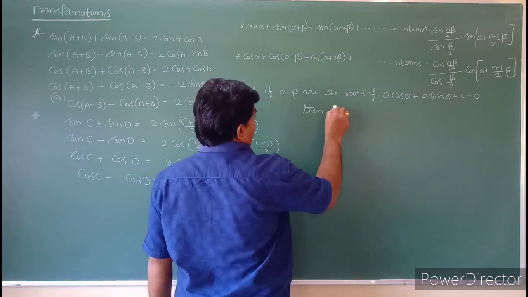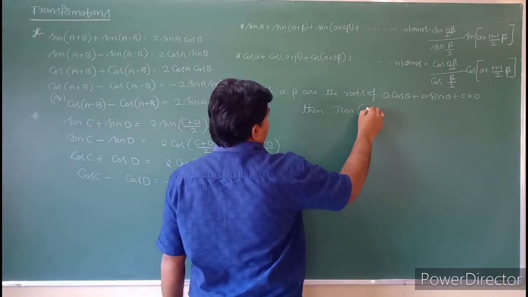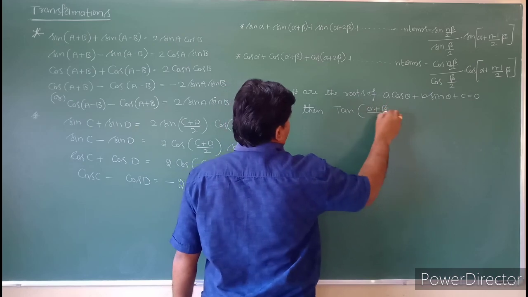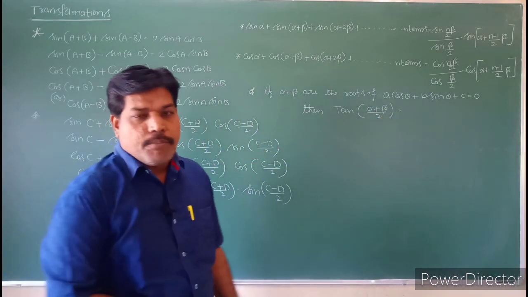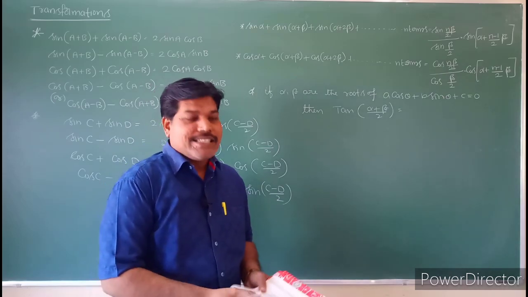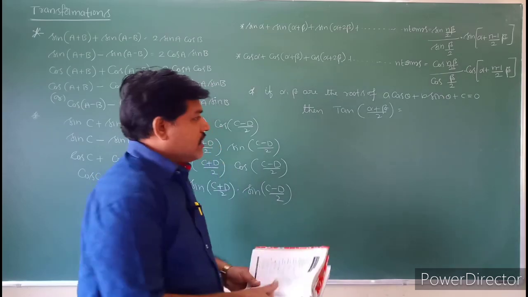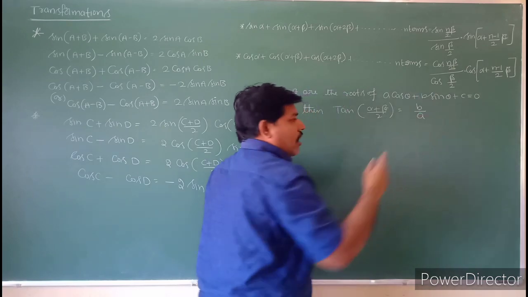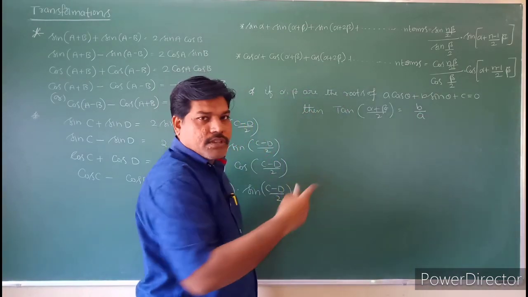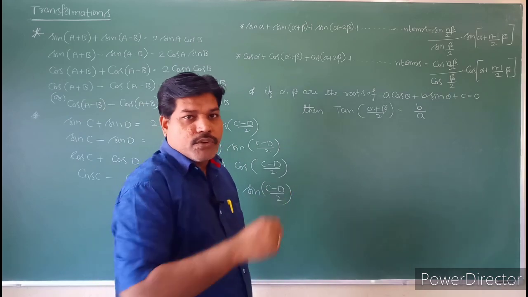What is that? Tan of (alpha plus beta) by 2 is equal to b by a. We already proved this one in the previous multiples and submultiples. We have proved that. Okay.